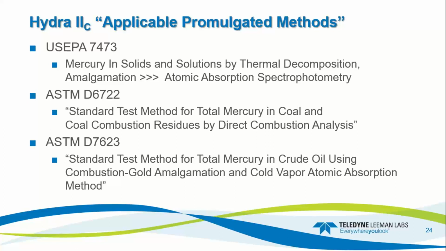So the 3 promulgated methods I mentioned earlier: US EPA 7473, total mercury in solid solutions by thermal decomposition, amalgamation and atomic absorption spectrometry; ASTM 6722, standard test method for total mercury in coal and coal combustion residues by direct combustion analysis; and then ASTM 7623, which is the standard test method for mercury in crude oil using combustion, gold amalgamation, and cold vapor atomic absorption method.